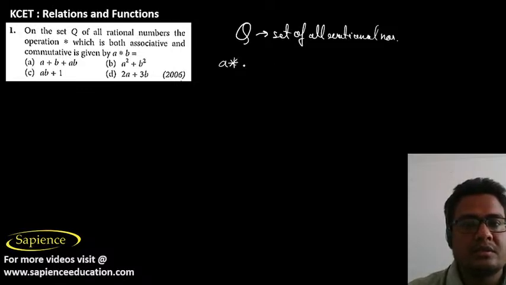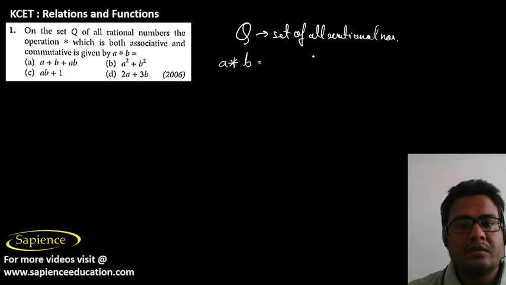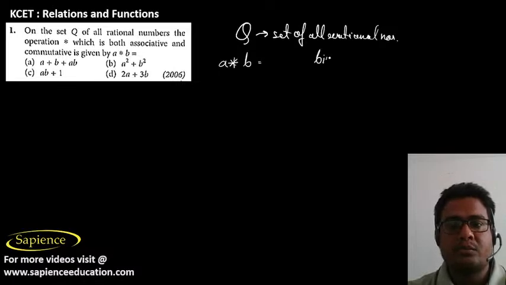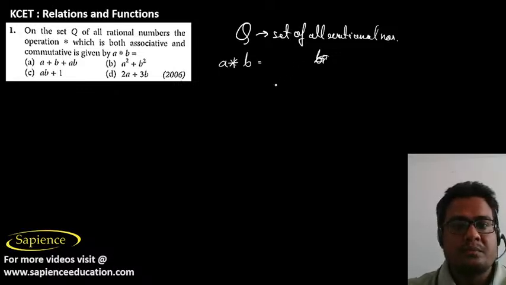So here we have to find which of the binary operations is associative also and is commutative also.